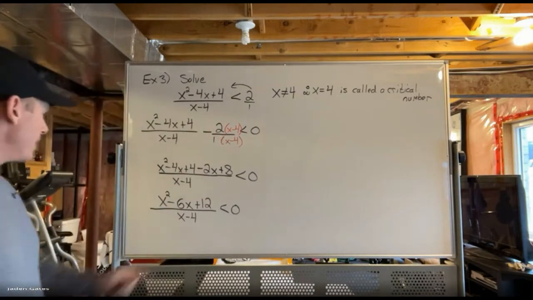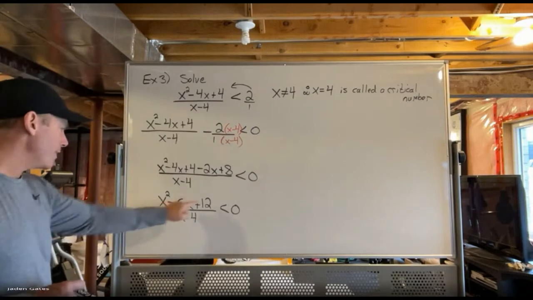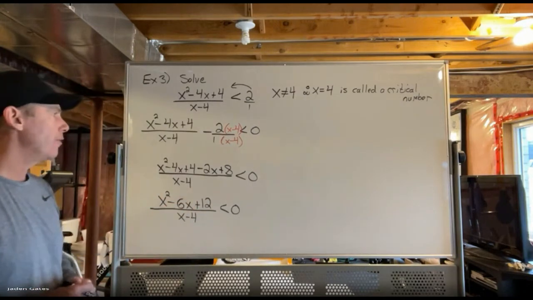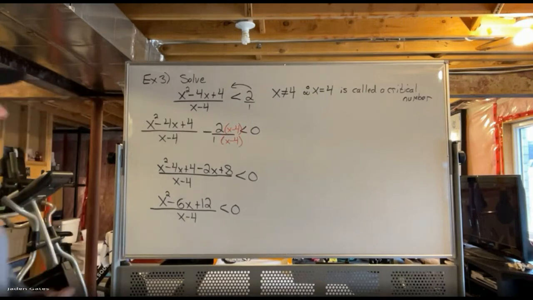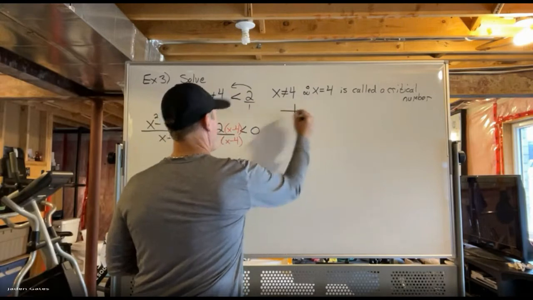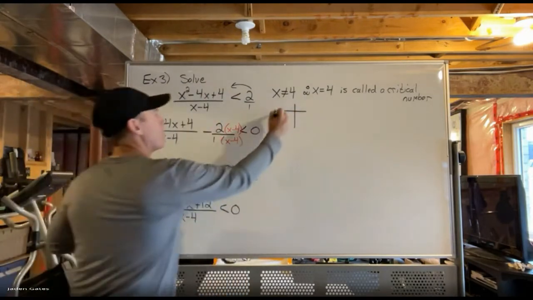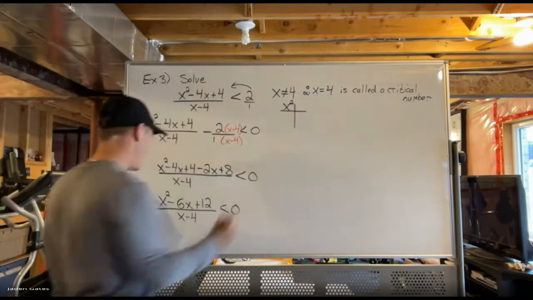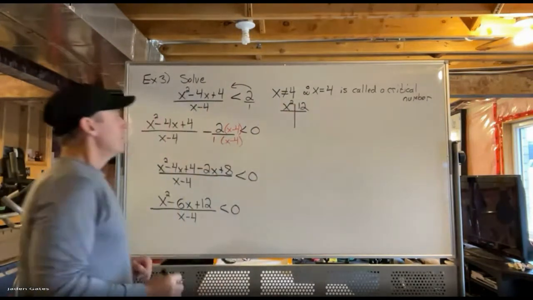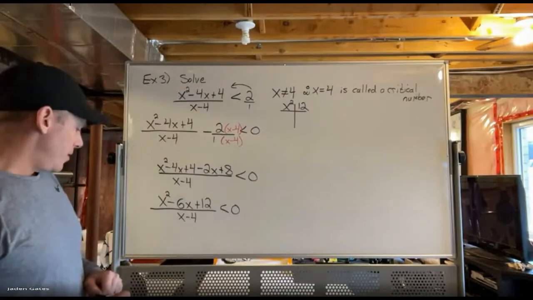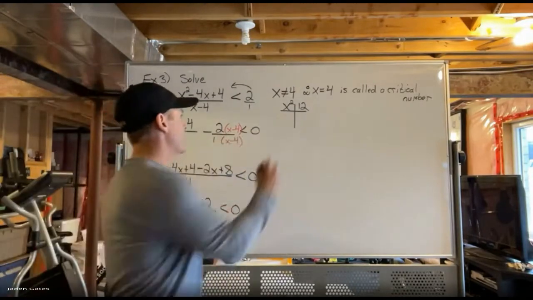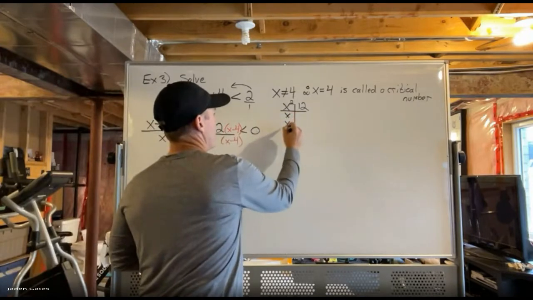Now, to do that, I'm going to have to solve this quadratic that's on the top, this x squared minus 6x plus 12. All right, so I'm going to factor it. Let's see here. I'm going to put my first term in the top left and my last term in the top right. We have x and x, and 12.